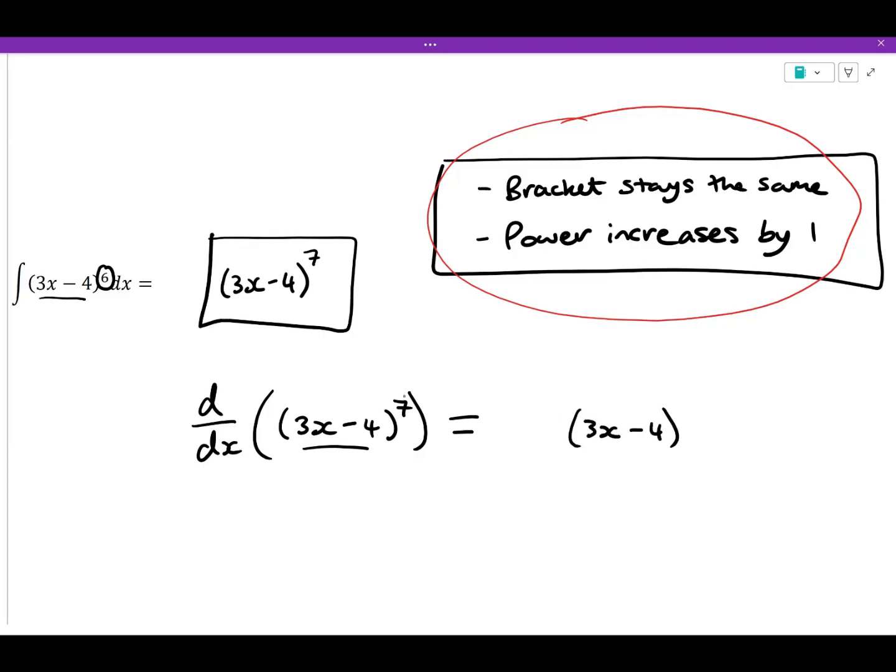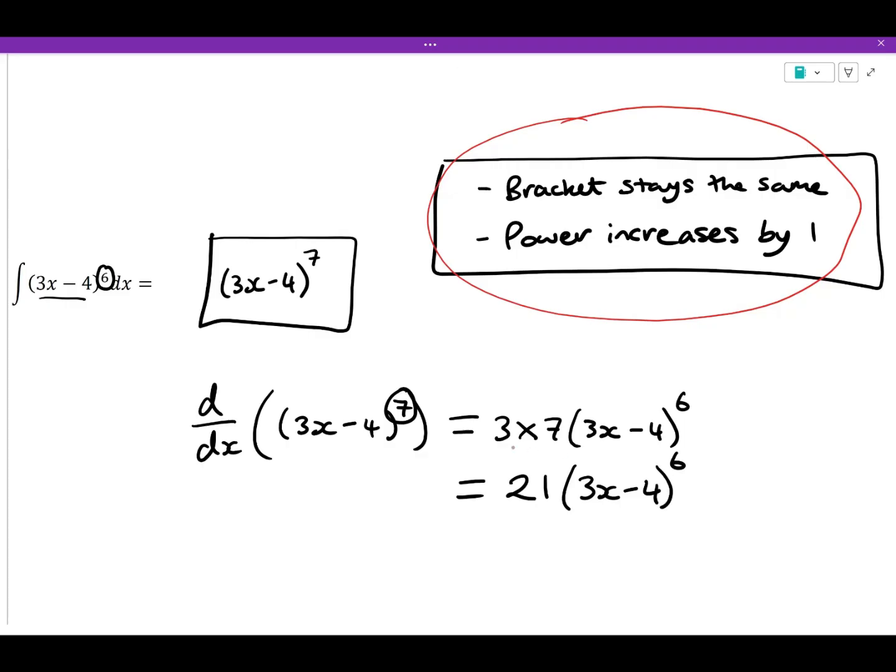We're going to multiply by our power, so we multiply by 7. We also need to differentiate what's inside my bracket, so the 3x - 4, which gives me 3, and I need to multiply by that as well. And then my power will reduce from the 7 down to a 6. Okay, so we end up with 21 multiplied by (3x - 4) to the power of 6 like that.